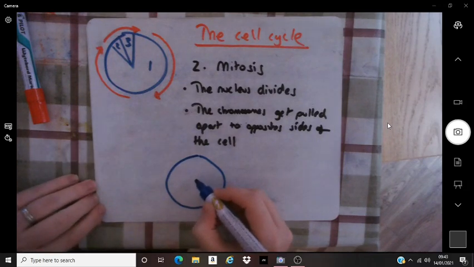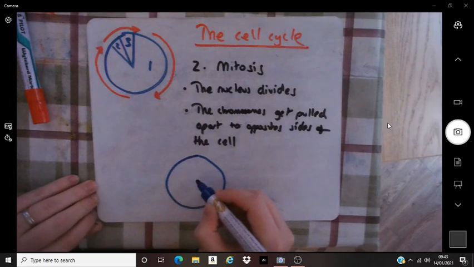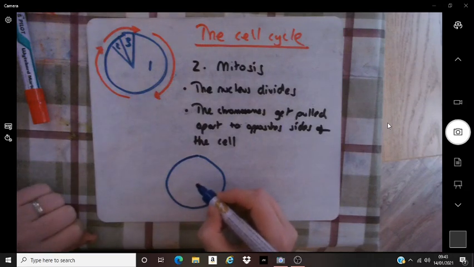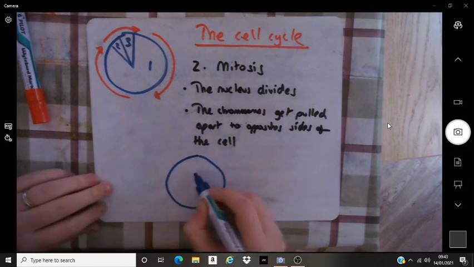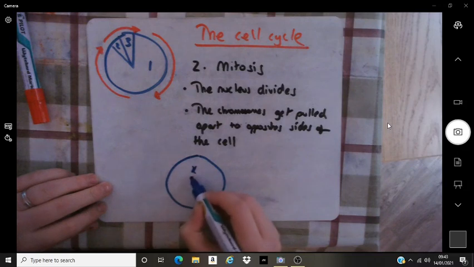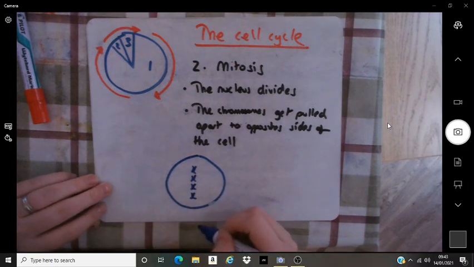Now we don't need to know actually how this happens, but I'm just going to do a little bridge to A level just to give you an idea. The nucleus actually breaks down, and it means that all the chromosomes in their duplicated fashions, hence why each one's got a couple lines, they actually line up in the middle of the cell like this.